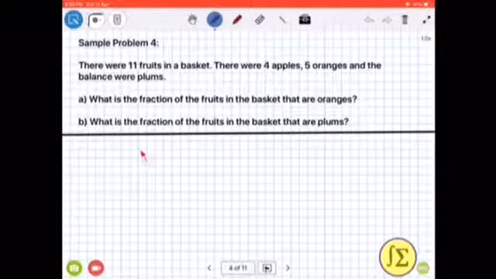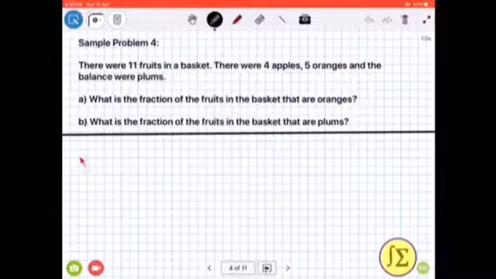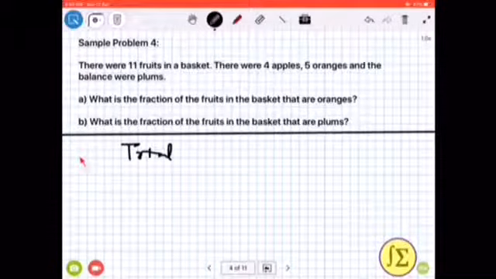Problem 4. This is a word problem. There were 11 fruits in a basket. There were 4 apples, 5 oranges, and the balance were plums. What is the fraction of the fruits in the basket that are oranges? And part B is, what is the fraction of the fruits in the basket that are plums? So we'll do A first. This is not dividing into pieces.